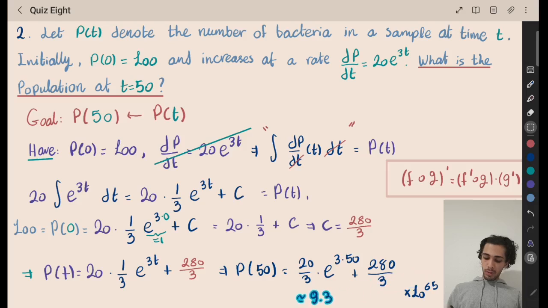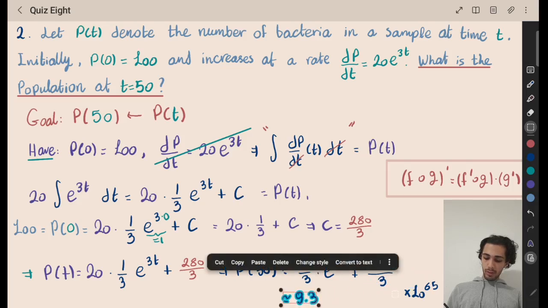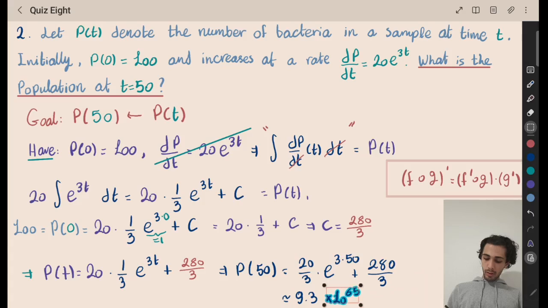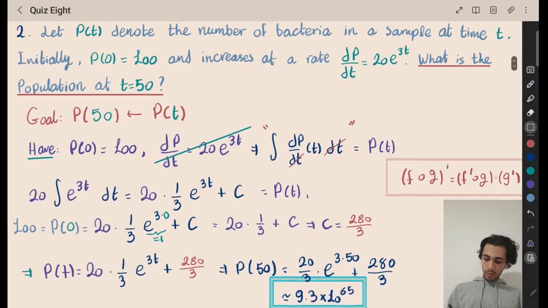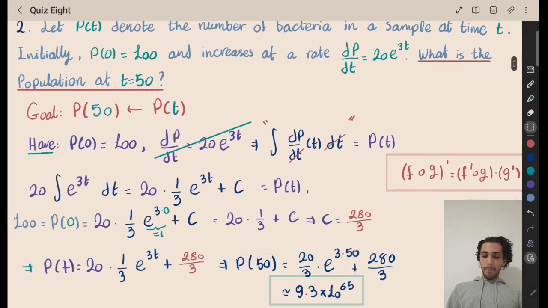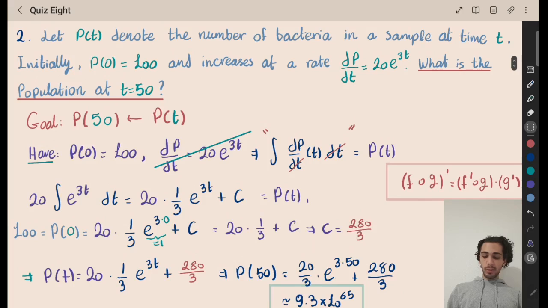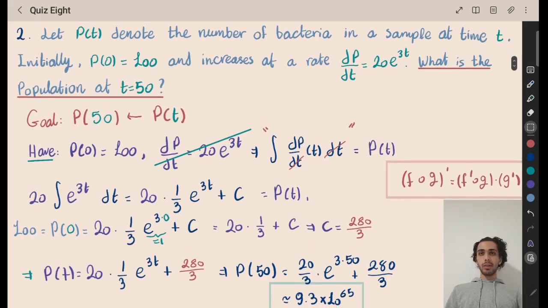I don't know if you realize how big this is. But this is very, very, very big. And in this very specific case, it is the answer for the exercise.